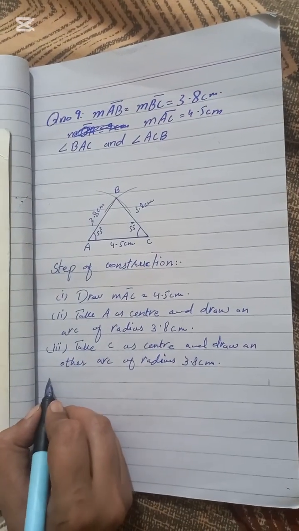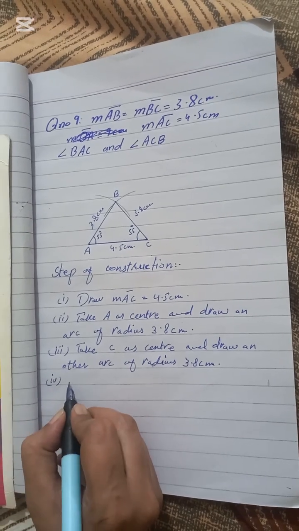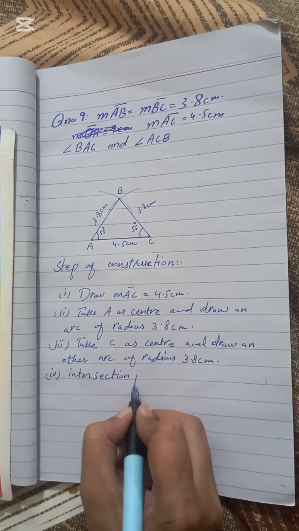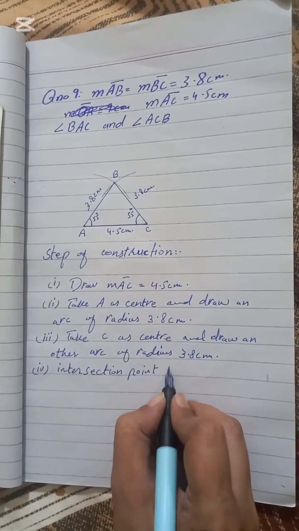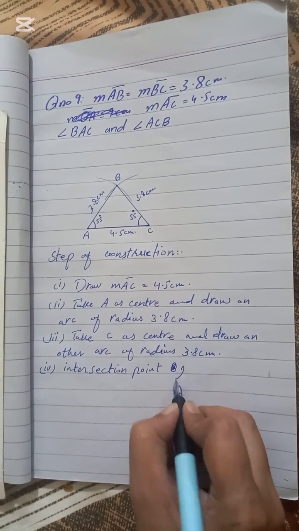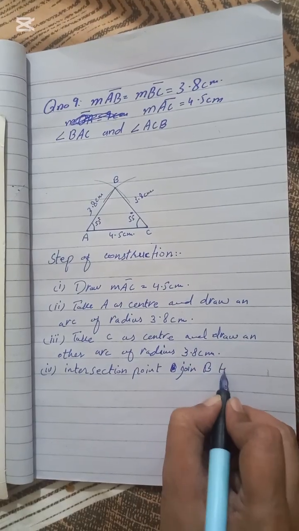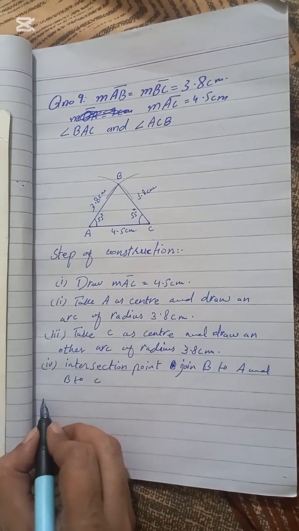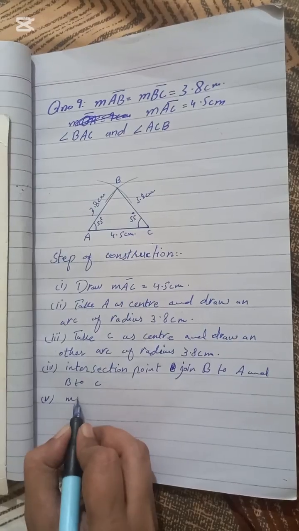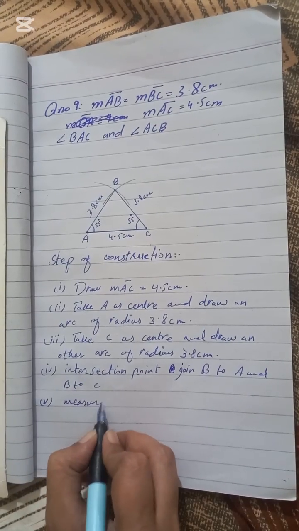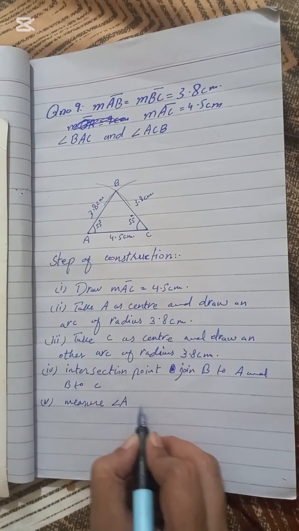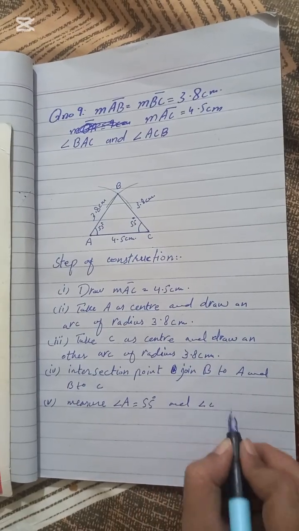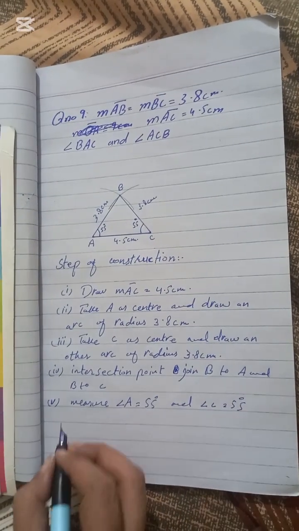Now join the intersection point B. Number 4, join B to A and B to C. Number 5, measure angle A equal to 55 degrees and angle C equal to 55 degrees.